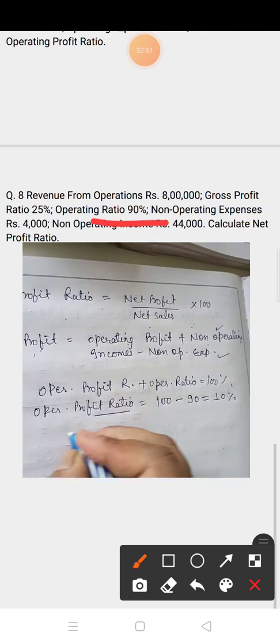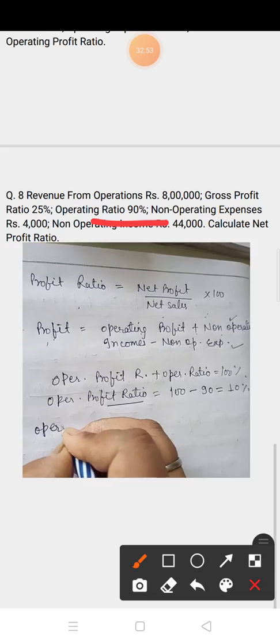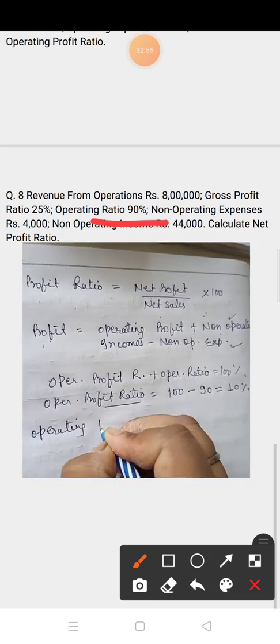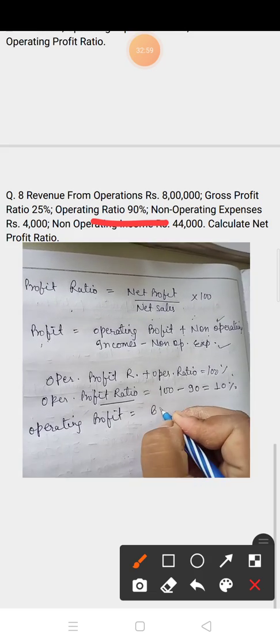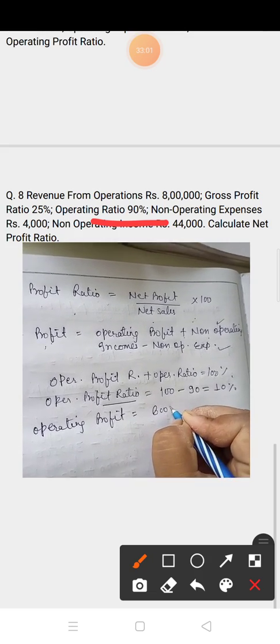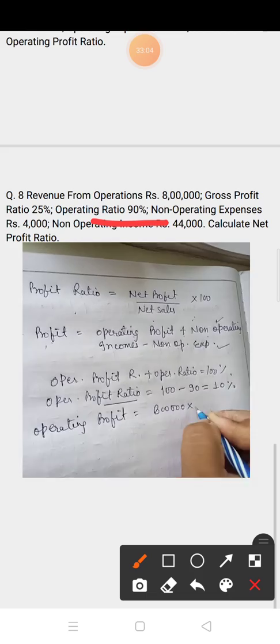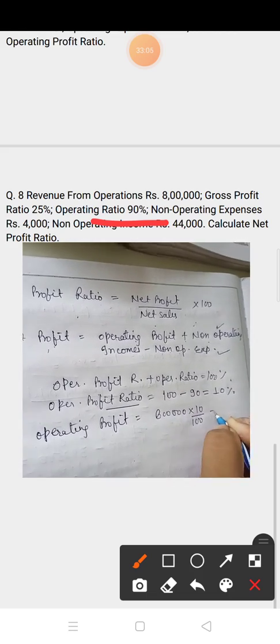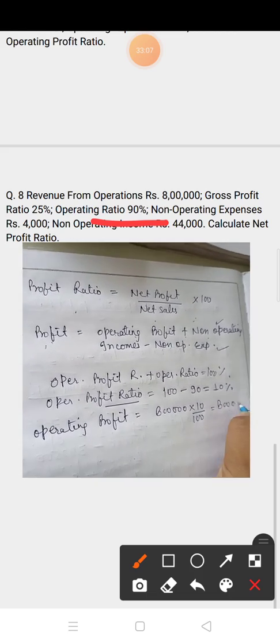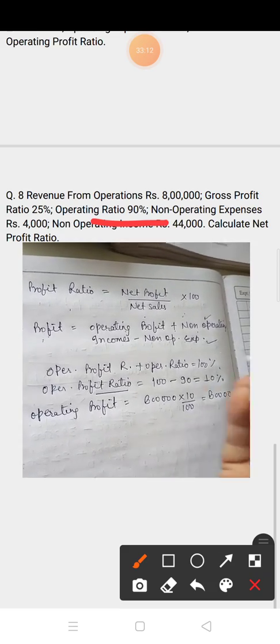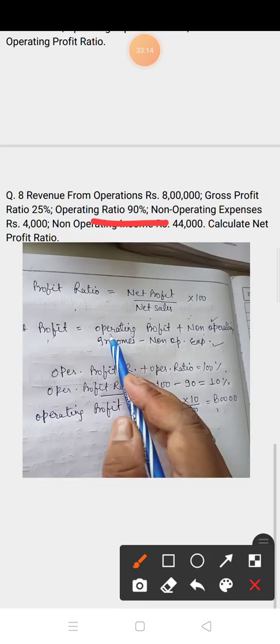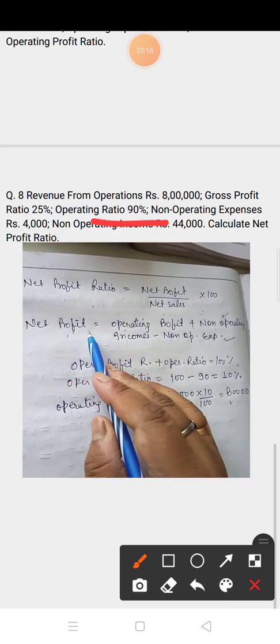This is the ratio. Now you have to calculate operating profit. So for operating profit, this ratio you have to apply on revenue from operation, and revenue from operation is given 8 lakh. So 10% of 8 lakh is 80,000. Now this is the operating profit. Now you can apply this profit in this formula for finding the net profit.